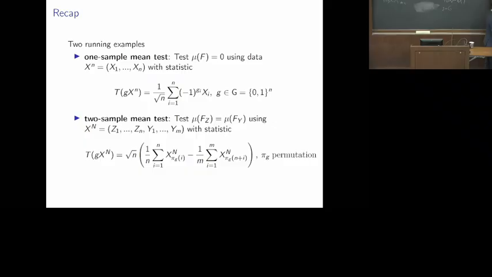So that was fine. And then we had the two sample tests for the mean. A good test statistic is just going to compare the sample average in one group to the sample average in the other group. And then when I use a group of permutations and apply them to my vector of data, I'm effectively reshuffling who's in the first group and who's in the second group, as if group labels didn't matter, and I build my randomization hypothesis this way.